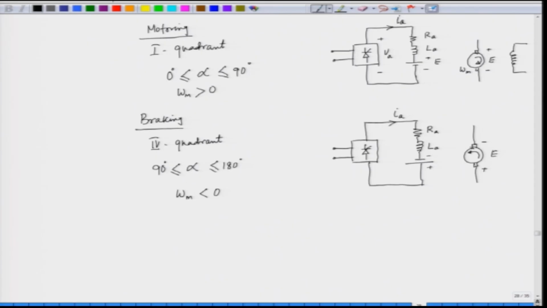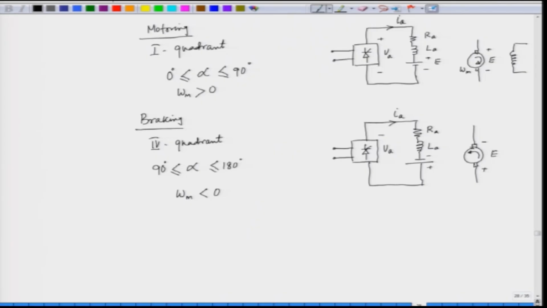Now, this braking is a regenerative braking, because the kinetic energy of the motor is fed back to the supply. The single phase converter is operating with alpha higher than 90 degree. So, the output voltage V A in this case has reversed.